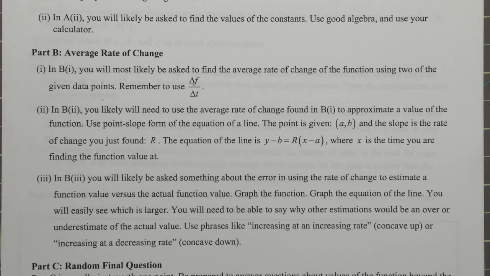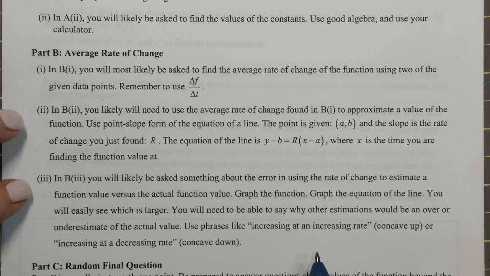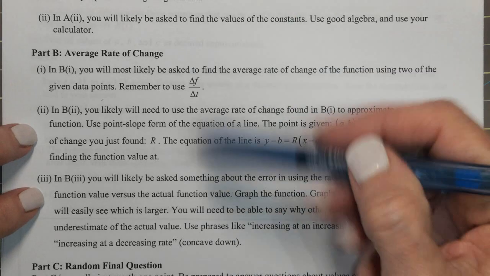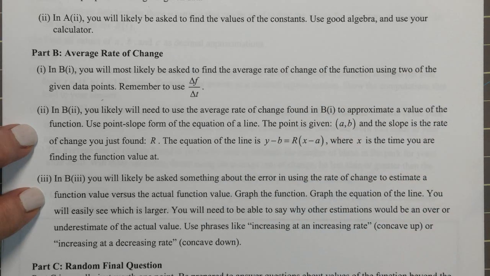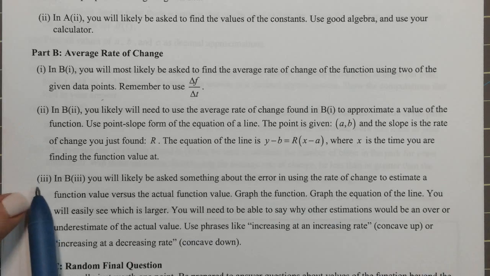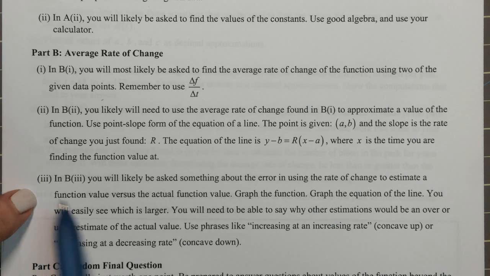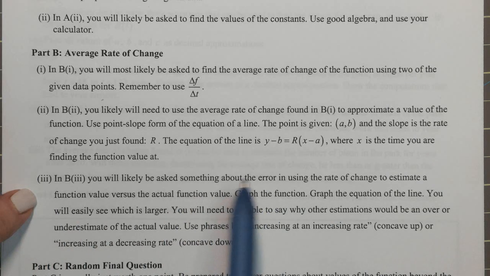Okay? So parts 2 and 3 here, those are usually the hardest part of this FRQ. In part 3, they almost always want you to use the concavity of the graph.